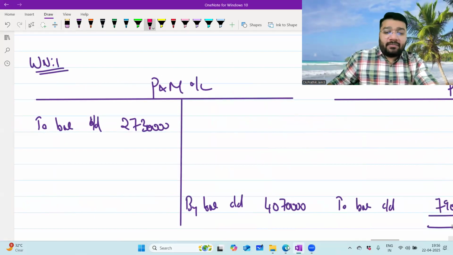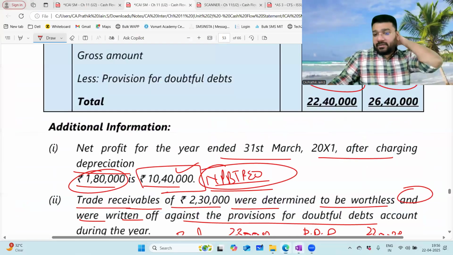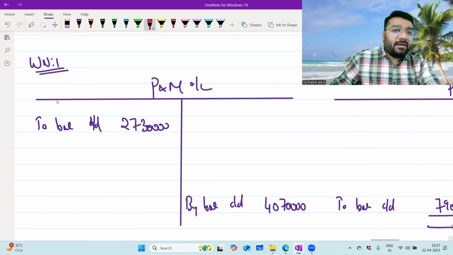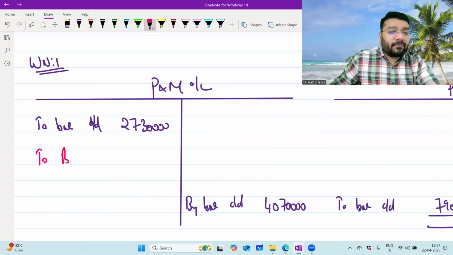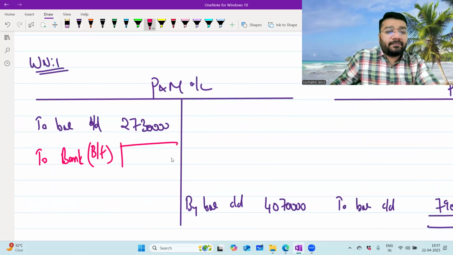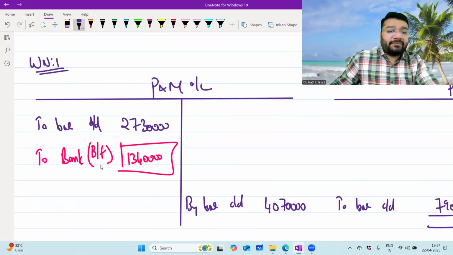Come to plant and machinery then. What will affect? To bank. Purchase of machinery, how much? 13 lakh 40,000.